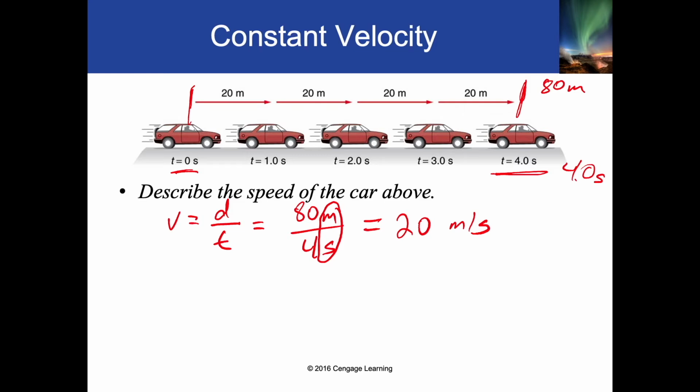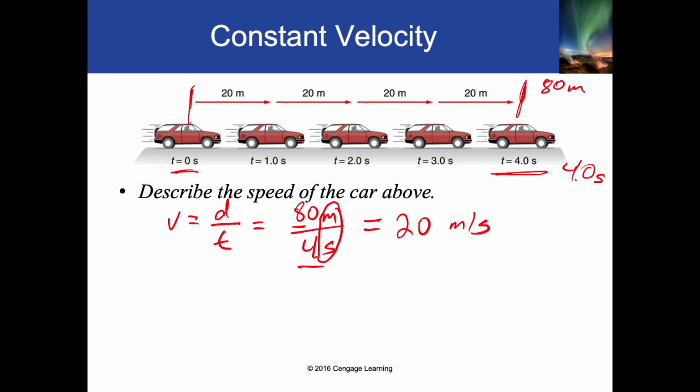It is, because our lowest number of significant figures is one significant figure. 80 also has one significant figure, because there's no decimal point at the end of the zero, so the zero is a placeholder and is not a significant figure. So both of these have one significant figure, and your 20 meters per second has one significant figure too. And so that would be our rate of speed.